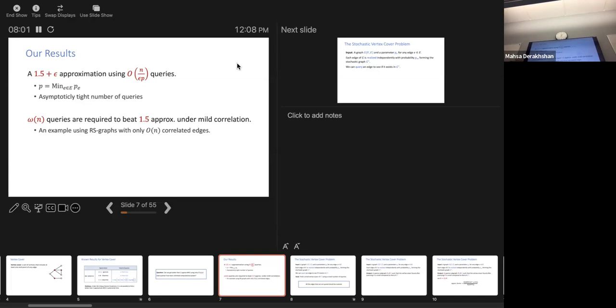And we also show that if you want to get approximation ratios better than 1.5, that's not possible if at least around O of n edges are allowed to be realized in a correlated way.